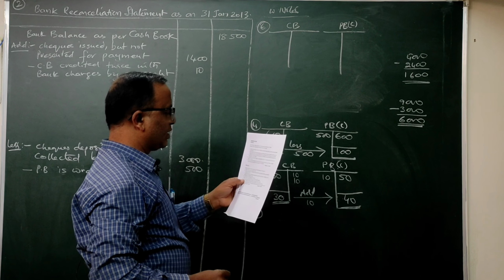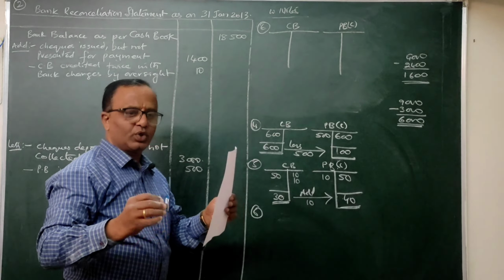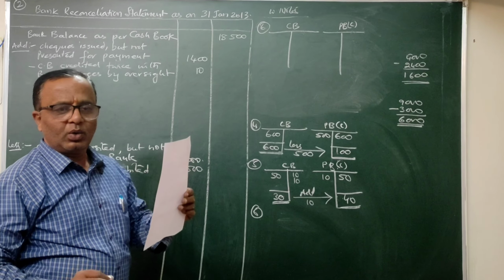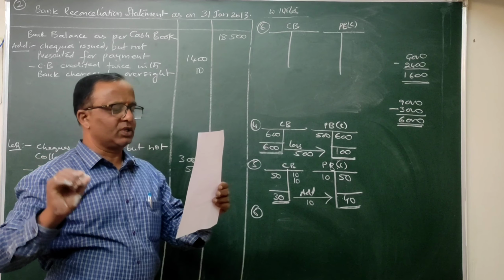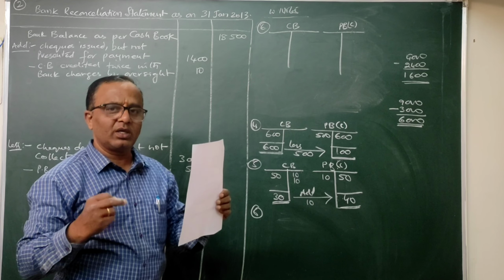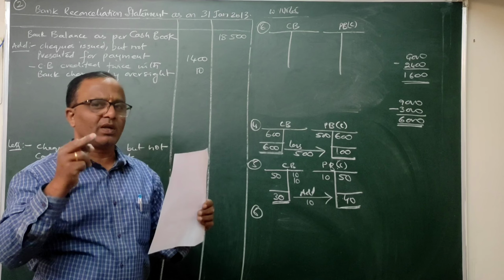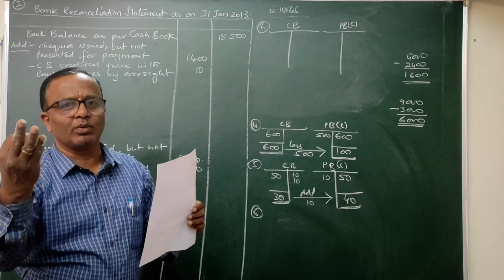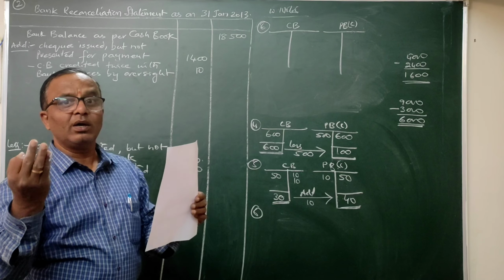A check issued to a supplier for 800 was not entered in the cash book. That means you have issued one check to one customer. How much? 800 worth of check you have issued in the name of one person, and it is not entered in the cash book. When he says it is not entered in the cash book, it means here when we are doing BRS, if he says it is not entered in one book, it is entered in the other book. So when he says it is not entered in the cash book, it is entered in the passbook.